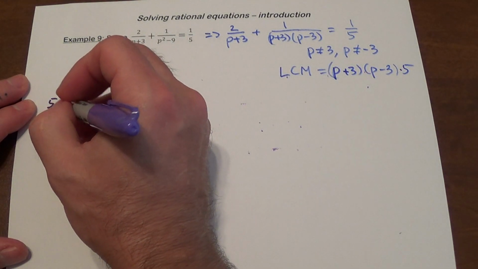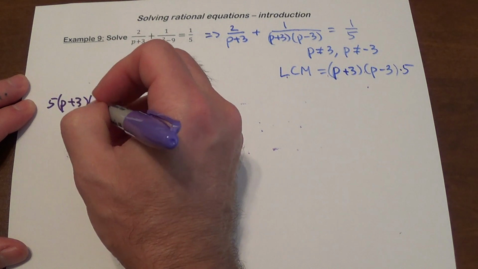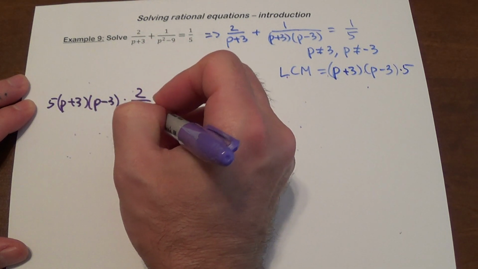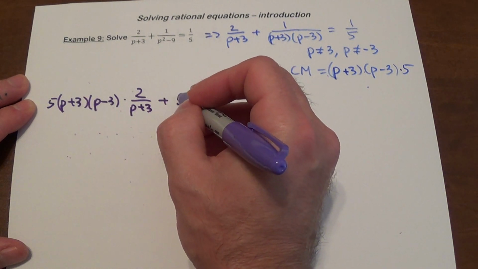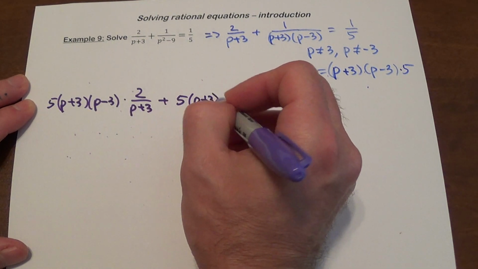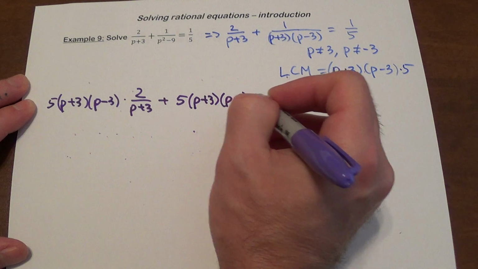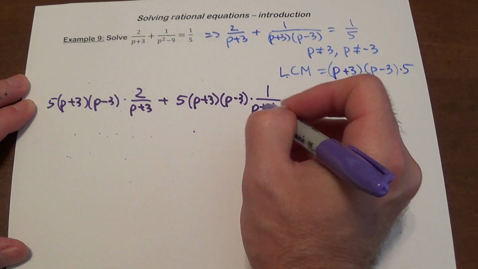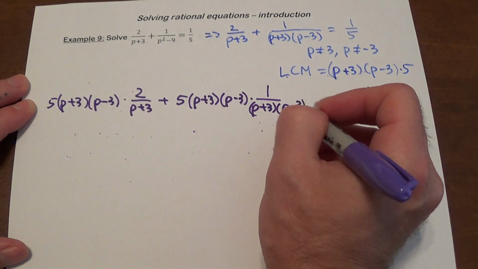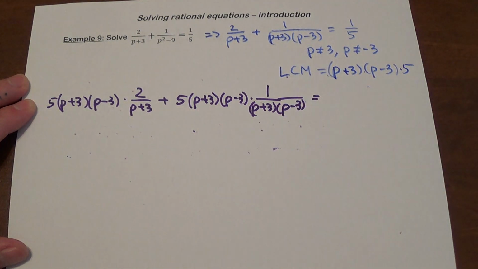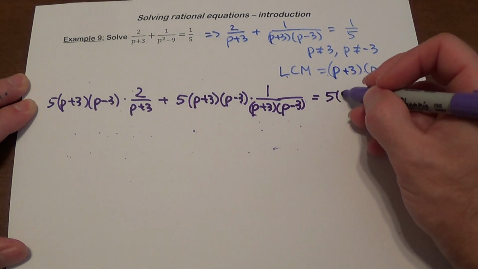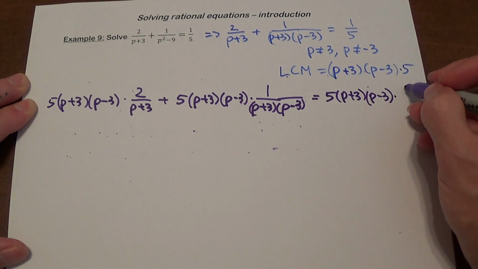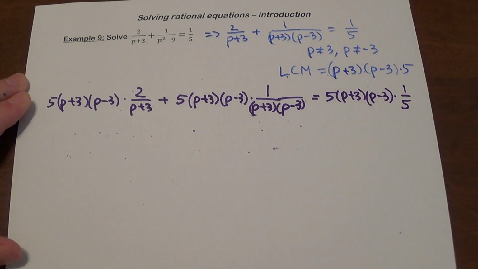So 5 times p plus 3 times p minus 3 times 2 over p plus 3, plus 5 times p plus 3 times p minus 3 times 1 over p plus 3 times p minus 3, equals 5 times p plus 3 times p minus 3 times 1/5.